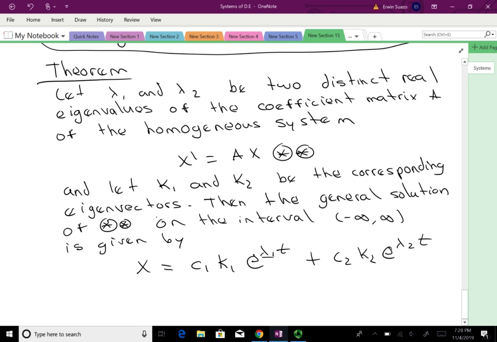So here lambda 1 and lambda 2 are the eigenvalues and k1 and k2 are the eigenvectors.